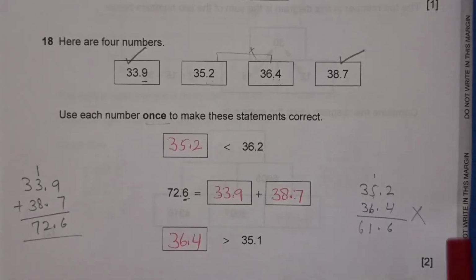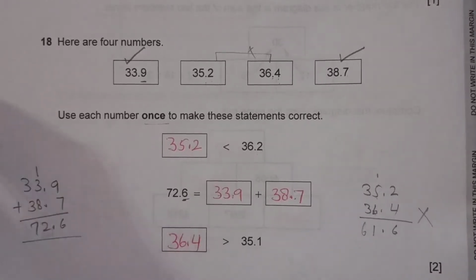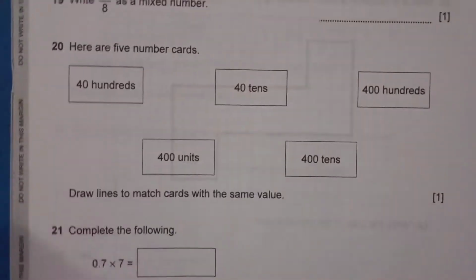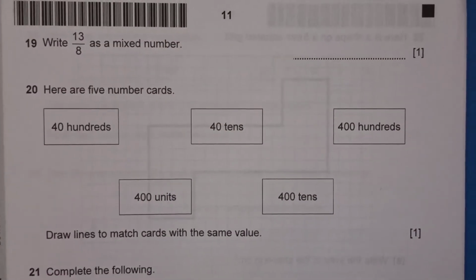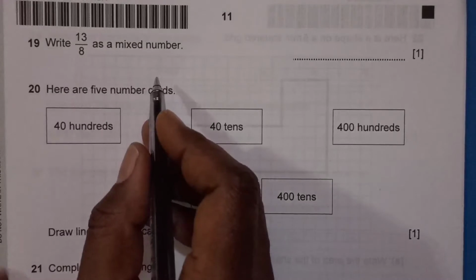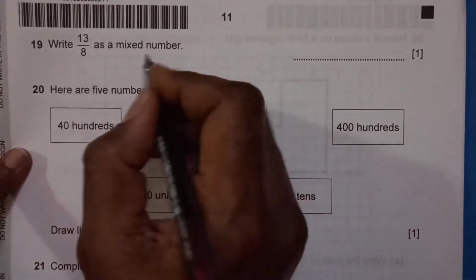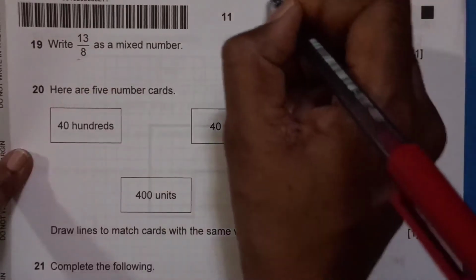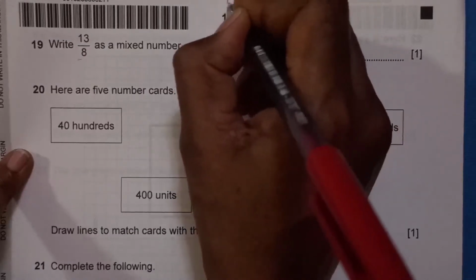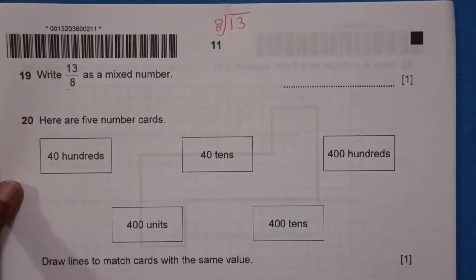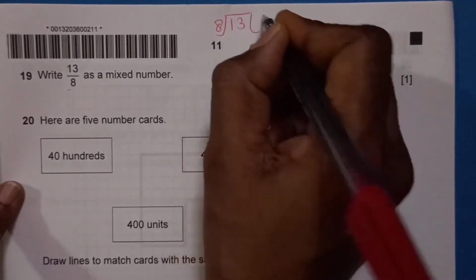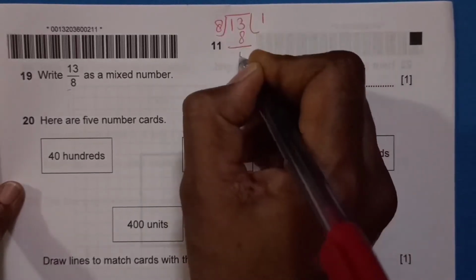So that was question number 18. So let's move to the next question. Question number 19. Write 13 over 8 as a mixed number. So for that we need to divide 13 by 8. So 8 times 1 is 8, 13 minus 8 is 5.